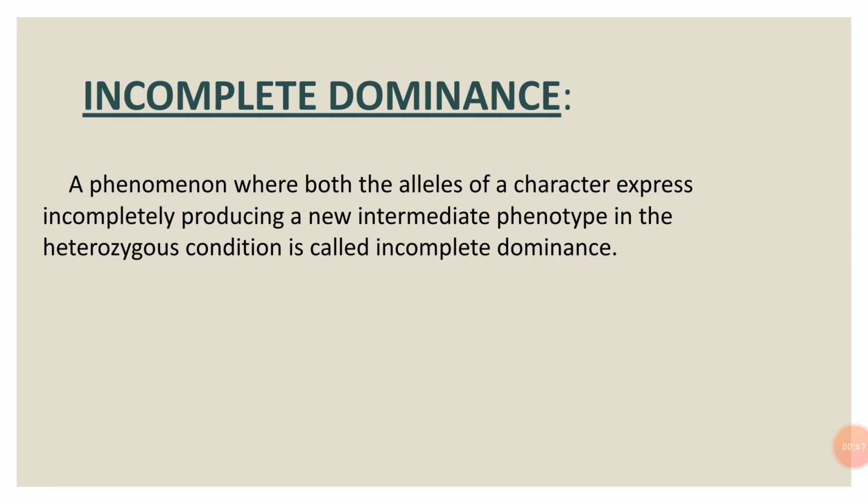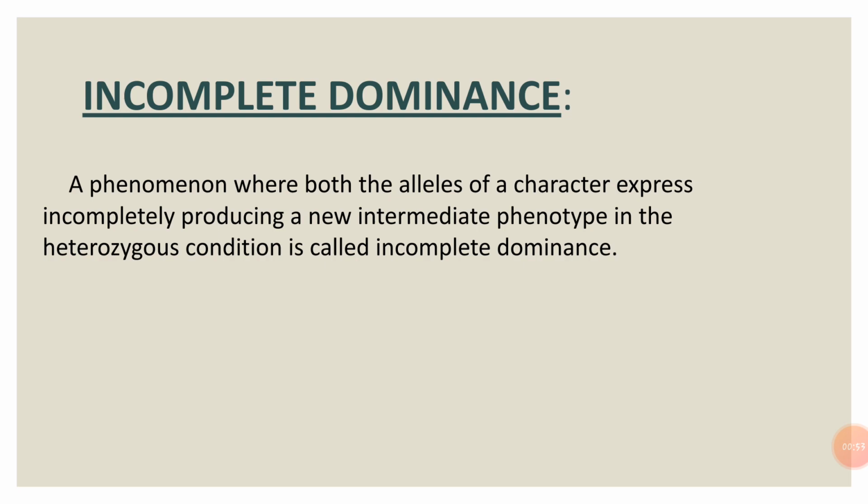Incomplete dominance is a phenomenon where both the alleles of a character express incompletely, producing a new intermediate phenotype in the heterozygous condition. In the previous class we had already learned the law of dominance. Obviously there are two alleles, or two alternative forms of a gene.